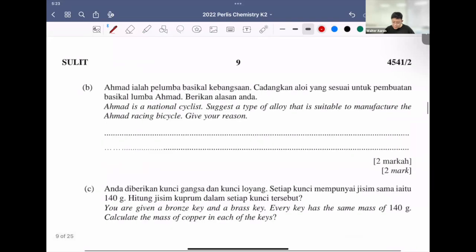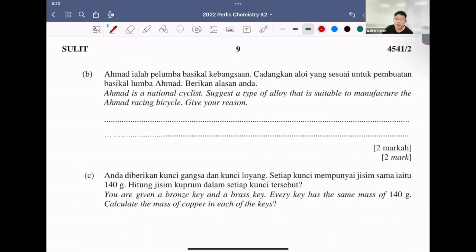Right, next, B. AMAC is National Cyclist, suggest a type of alloy that is suitable to manufacture AMAC's racing bicycle. Give your reason. So I'll say here duralumin is the best because when you are in a race, you need to make sure that your vehicle is as light as possible.